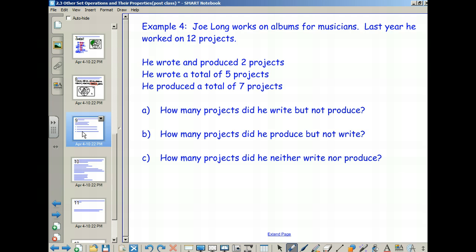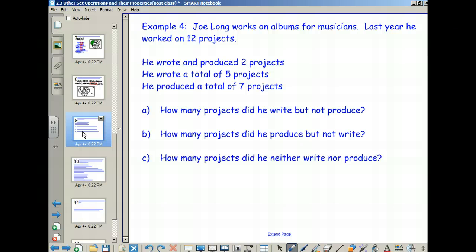So we don't have numbers given to us with this math notation of intersections and unions and this kind of stuff going on in this problem. Instead we have a word problem that relates that kind of information to us, right? It says we have Joe Long and he worked on albums for musicians. Last year he worked on 12 projects. He wrote and produced 2.